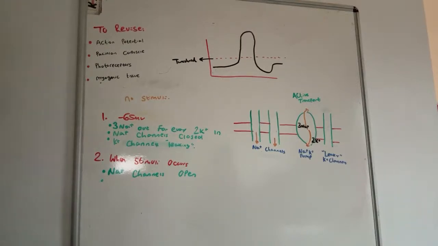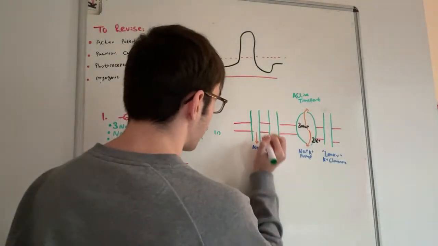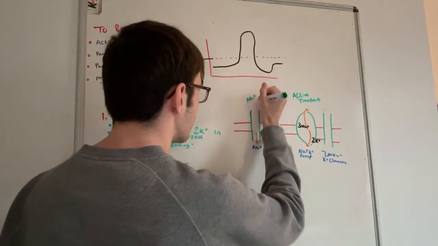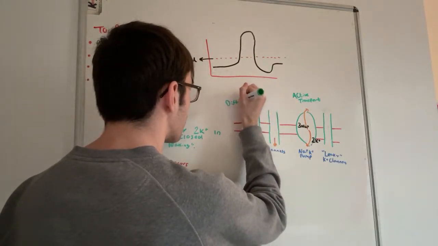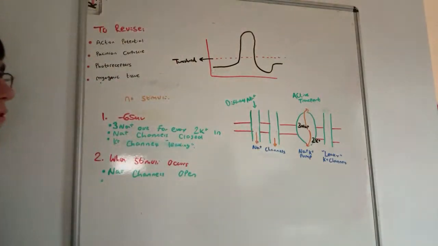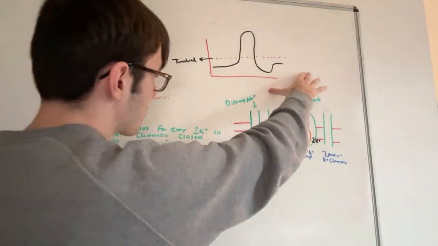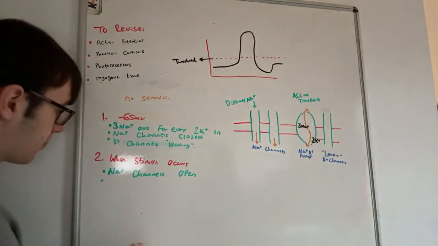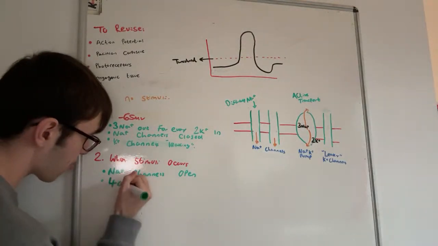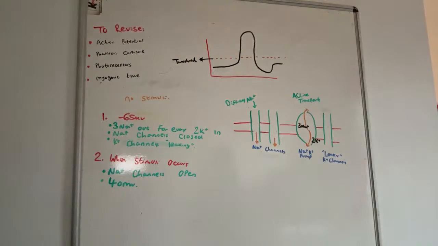It's going to depolarize because now we have sodium diffusing. Sodium diffuses from outside the cell into the cell. So sodium ion channels are open. That's going to raise to 40 millivolts, but only if the stimuli is large enough.